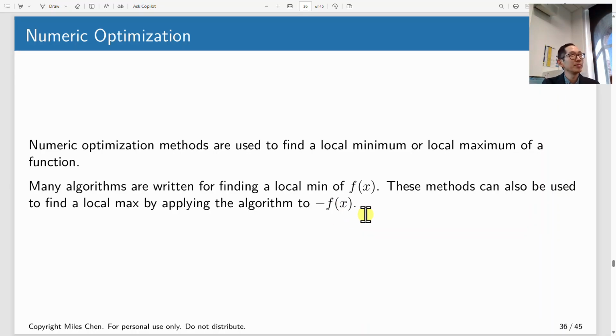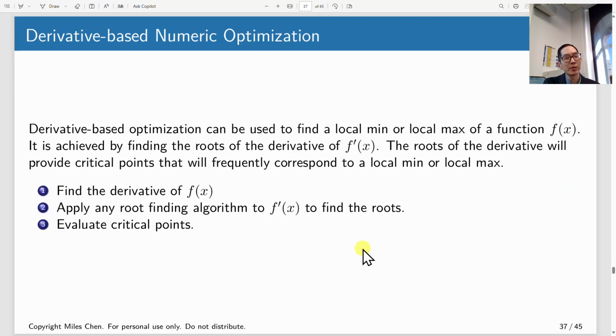Okay. This first class, though, when we do derivative-based numeric optimization, is going to just find critical points. So we say, all right, let's take the derivative of the function, let's find the roots of the derivative, and that's going to correspond to critical points. We evaluate those critical points.